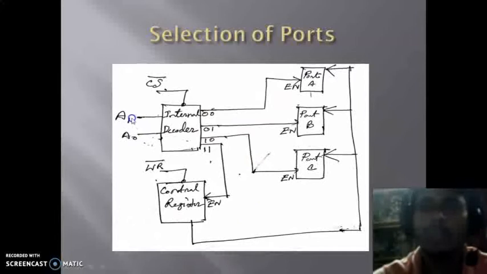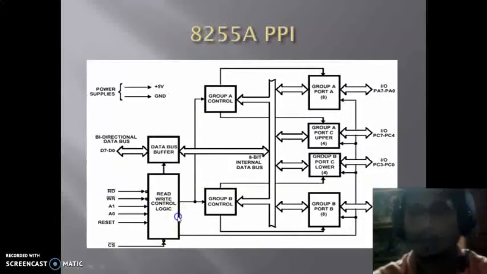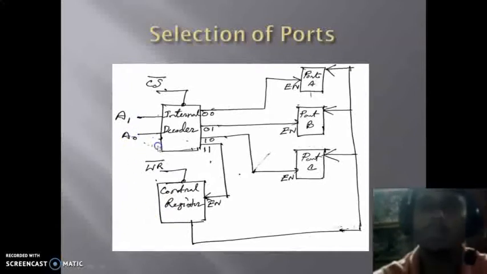A0 and A1: basically 8255A has an internal decoder, and A0 and A1 give us 4 combinations, that is 00, 01, 10 and 11.